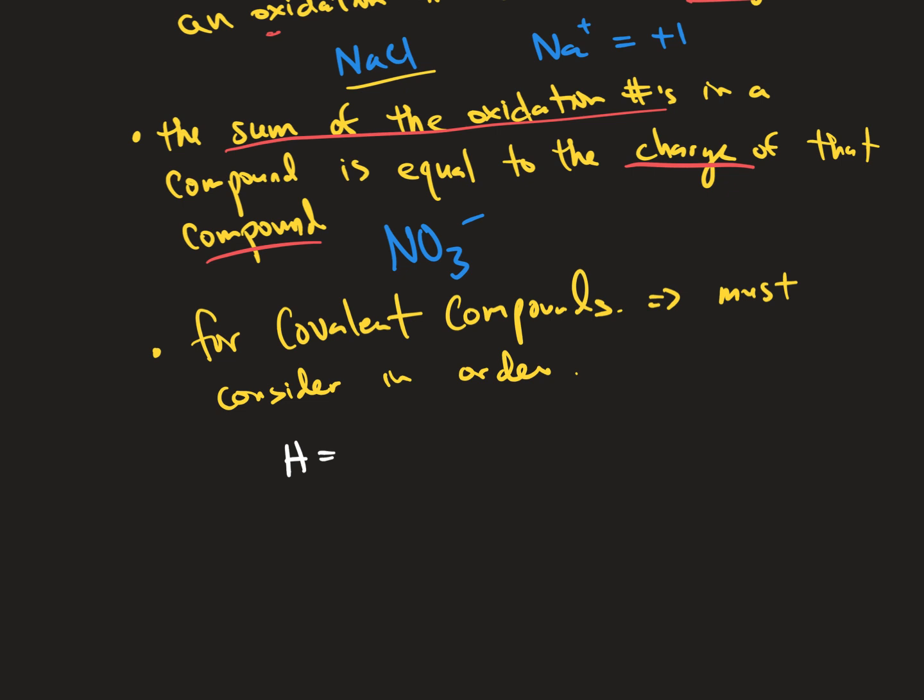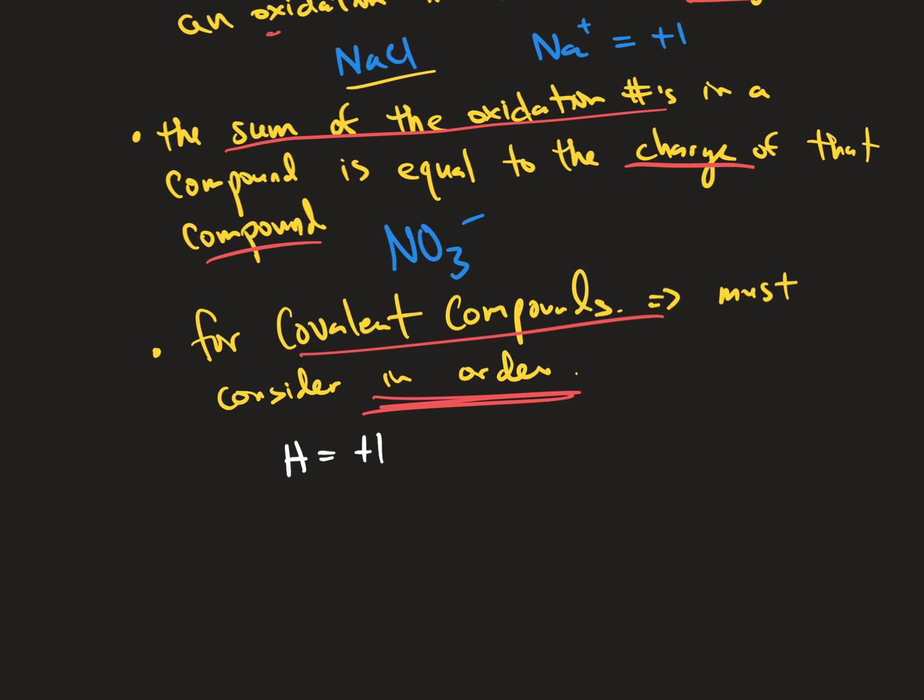What would its charge be? 1+. +1. And that's what it is here, guys. But we got to do these in order. That's the key word. In order. A covalent compound must determine the oxidation number in order.